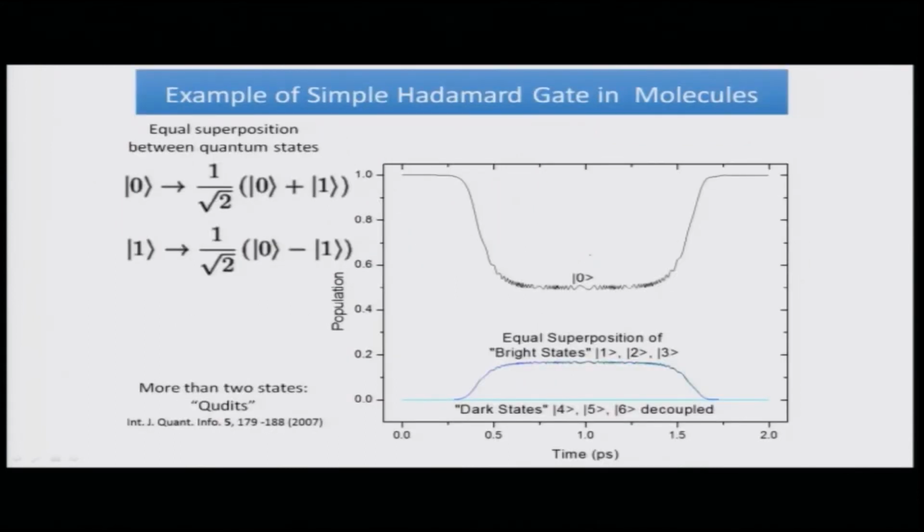Using such models, it is possible to have a simple Hadamard gate in molecules, which was also mentioned earlier in one of the lectures, and this is the same slide that was used there to essentially show that if more than one state is coupled to the ground state, then they can all be simultaneously put to equal superposition, whereas the dark states, which are the ones which are not coupled through dipoles but are going to interact with the excited states to take the energy away, are kept at bay, are not allowed to interact, and so it automatically creates an equal superposition of bright states.